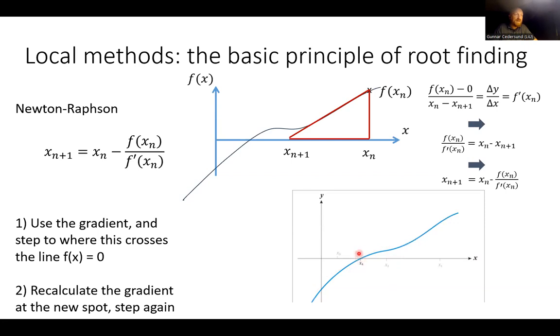So at the end here, you are very, very fast at converging to the true root. So in the beginning, you might have these types of problems, and this is why this is unstable in the beginning. But when you're close enough, it has a very fast convergence. So the number of accurate digits will double each step. So it's very fast here at the end. Okay, so this is the basis for the Newton-Raphson algorithm.